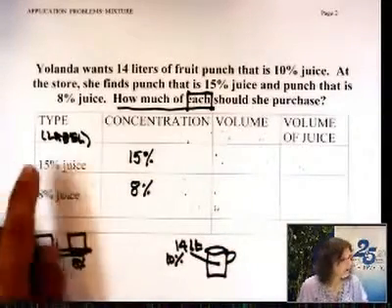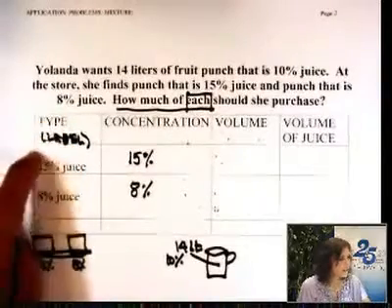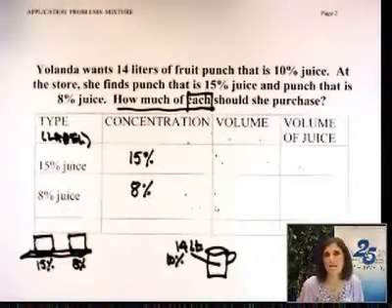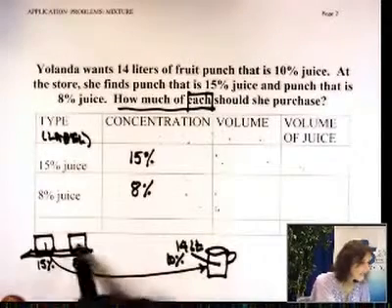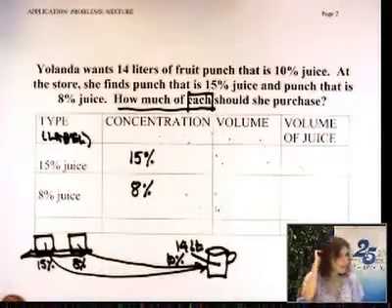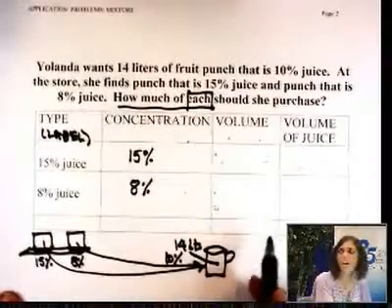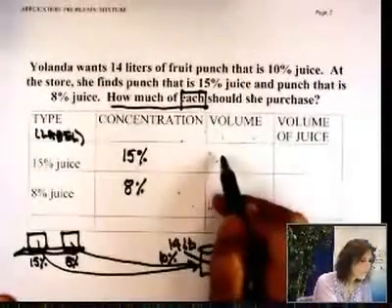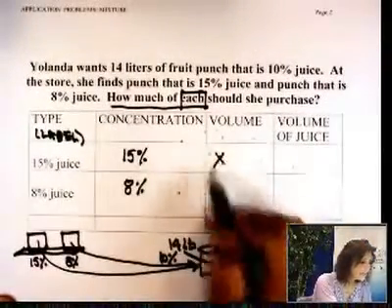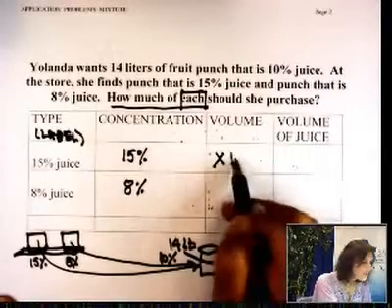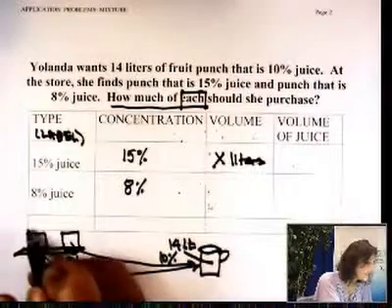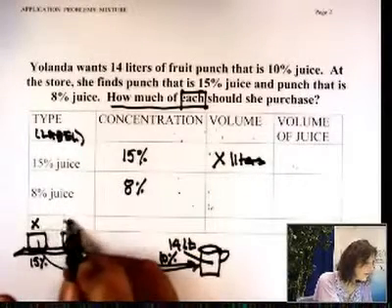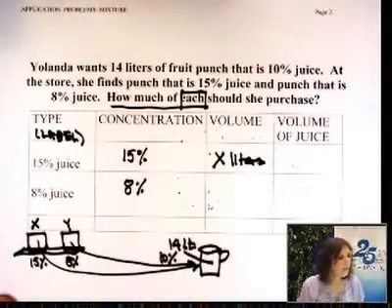Now, how much of this type and this type am I mixing? Do I know? How much of this guy did I put in, and how much of that guy did I put in? I have no clue. So write down what that represents. It's going to be X liters, and Y liters for the other.